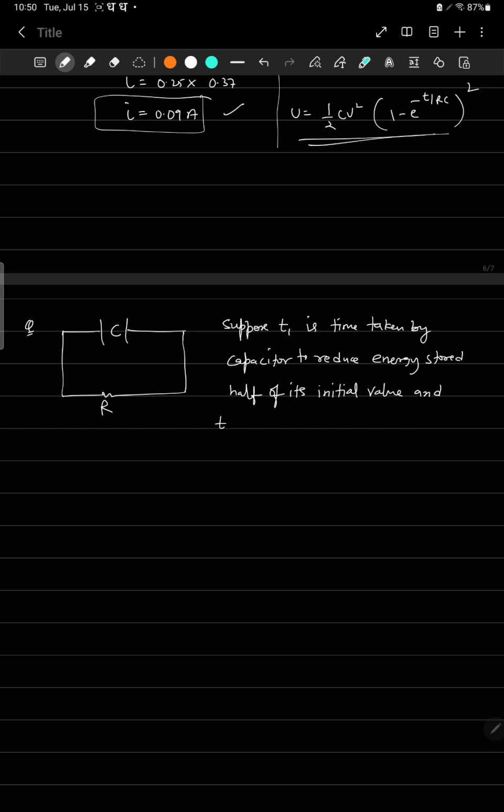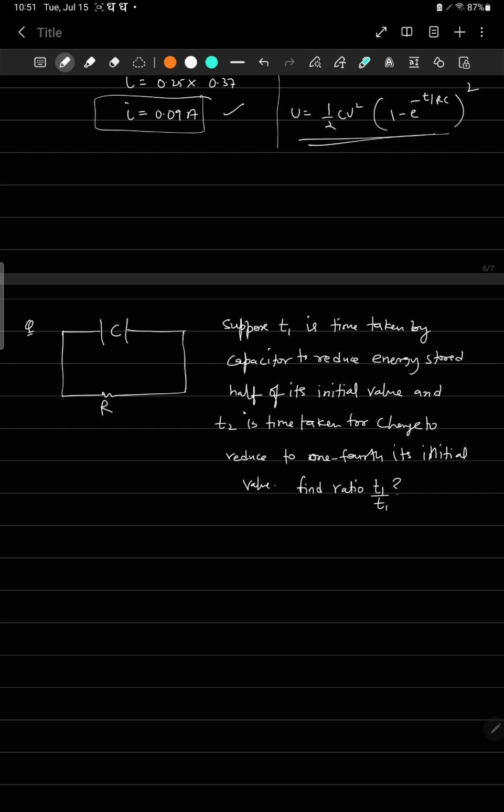and T2 is the time taken for the charge to reduce to 1/4 of its initial value. Find the ratio T1 by T2.